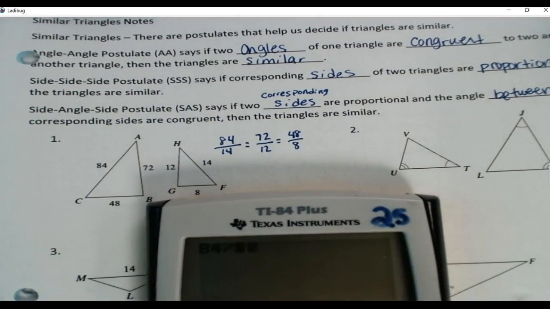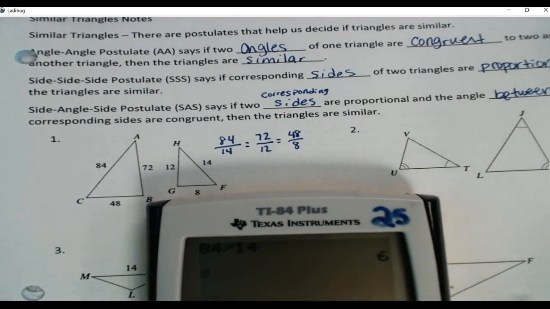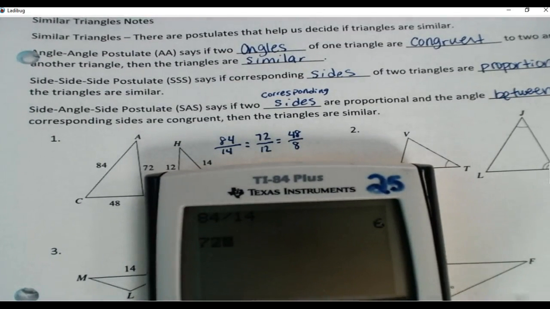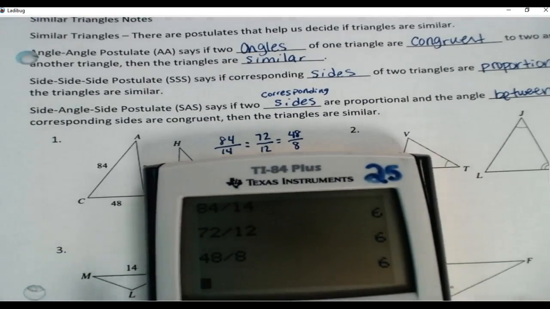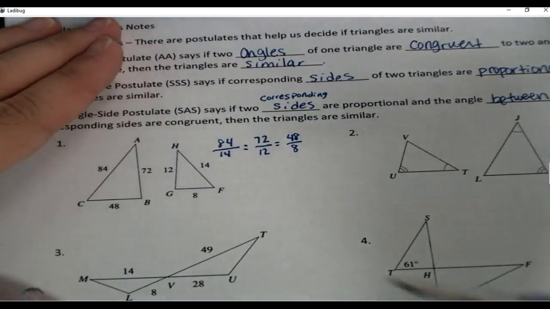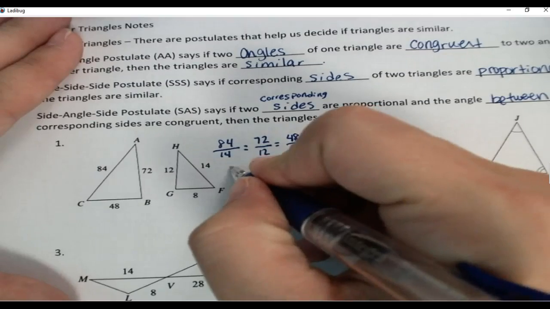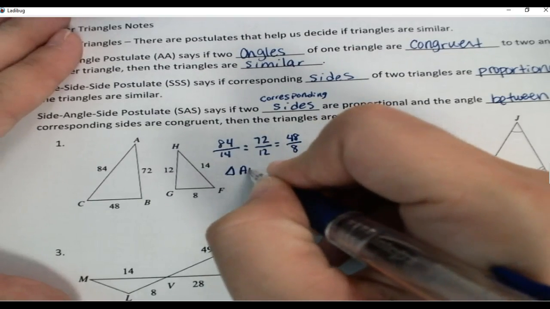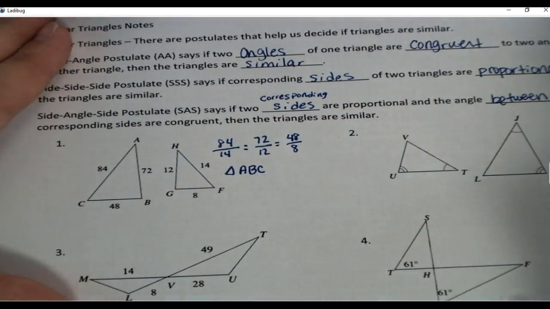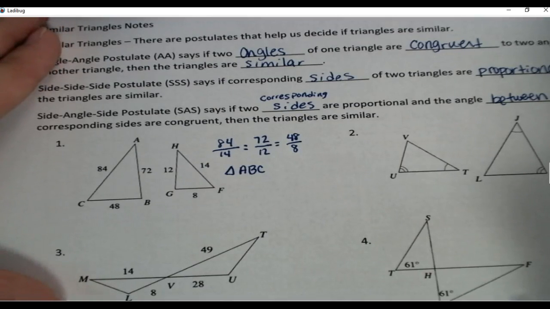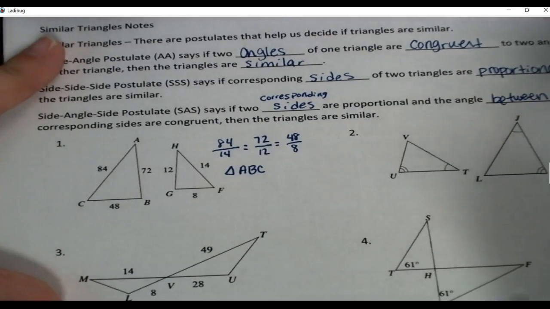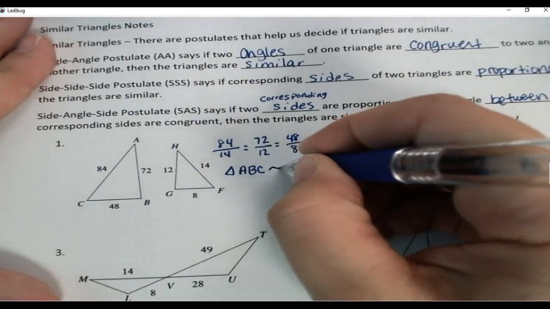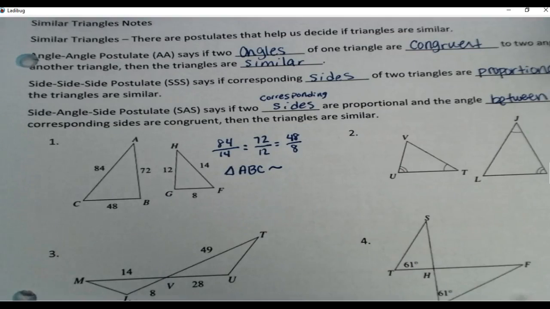So 84 divided by 14, we get 6. Yeah, so 72 divided by 12 and 48 divided by 8, they all give us 6. So we could say that triangle ABC. Now, we don't want it to be congruent, we want it to be similar. So similar is just a squiggly. Okay? So congruent was equal with a squiggly.